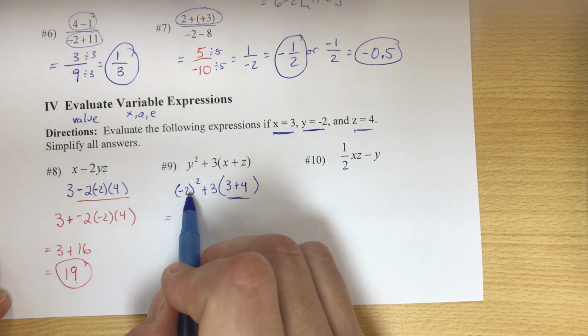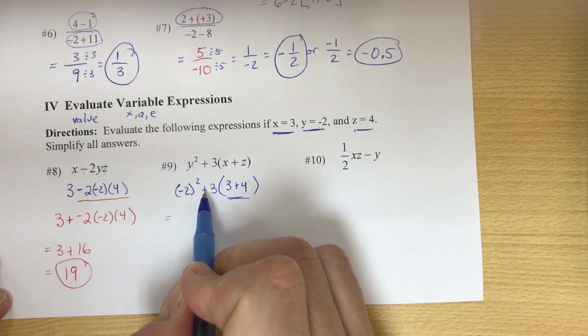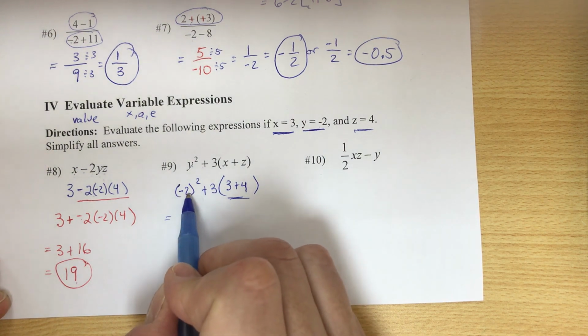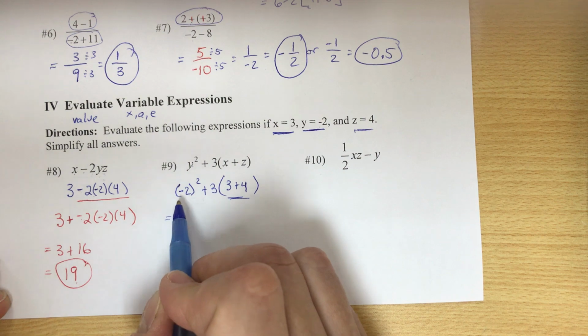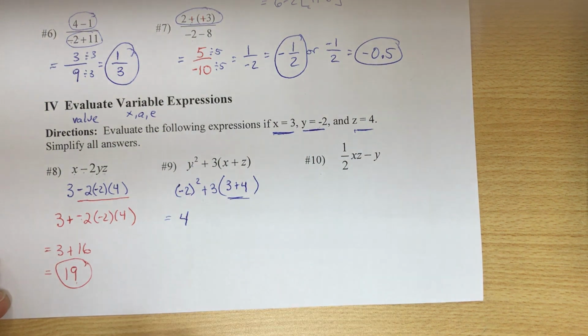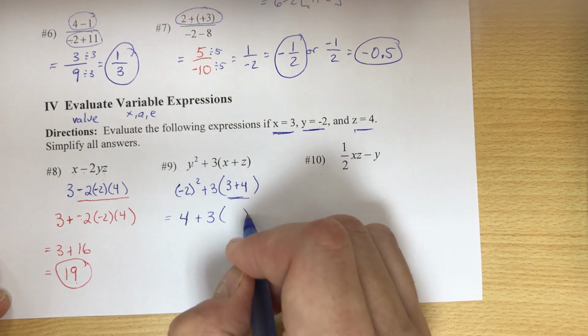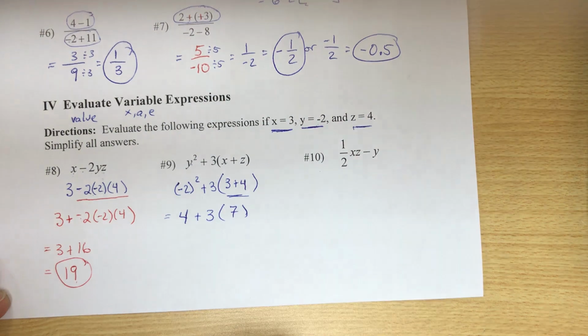Since the exponent is separated from this expression by the addition sign, we could actually do this as well if we want to do this at the same time. Now when you square a negative, a negative times a negative is a positive, plus, here's the 3. 3 plus 4 is 7.